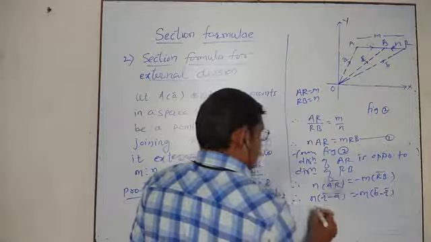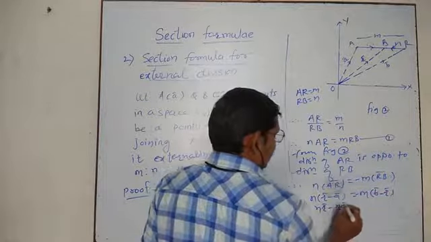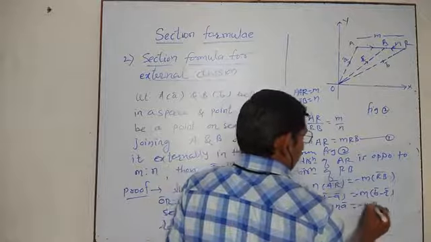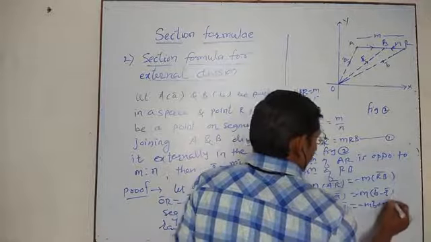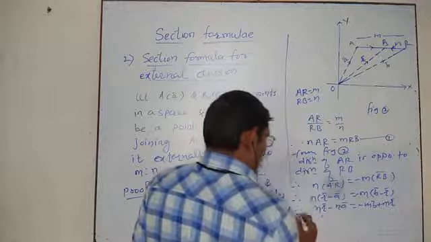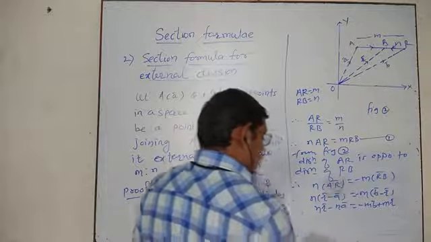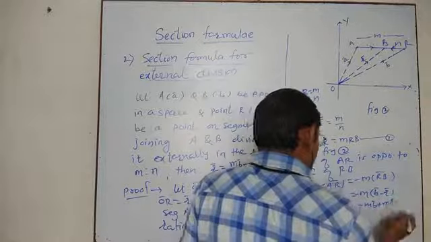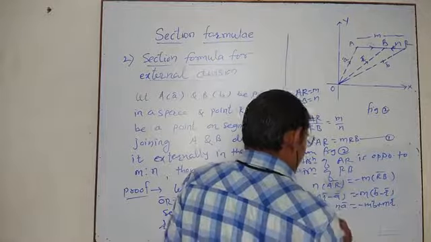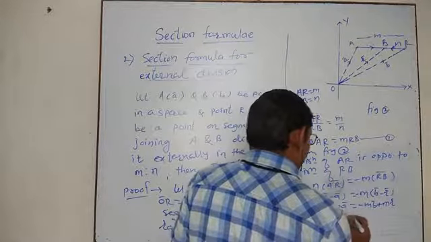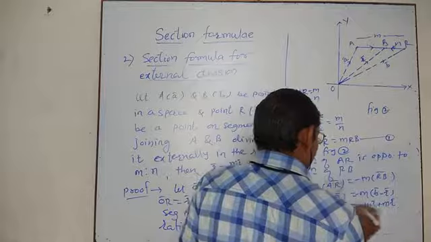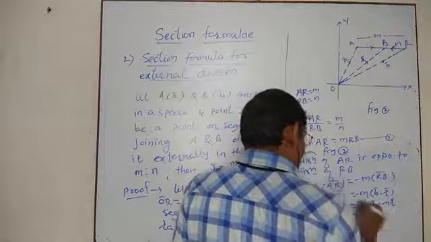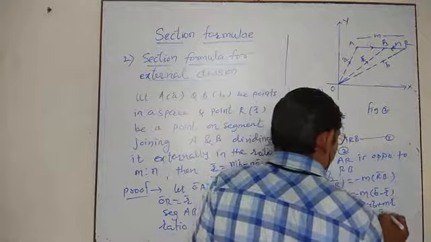Again, this is n R bar minus n A bar is equal to minus m B bar plus m R bar. This m R bar we transfer here, and we transfer n R bar to this side, so m R bar minus n R bar is equal to m B bar minus n A bar.